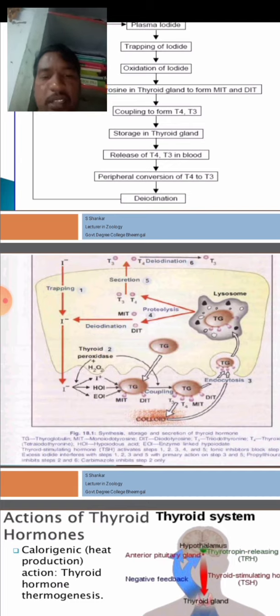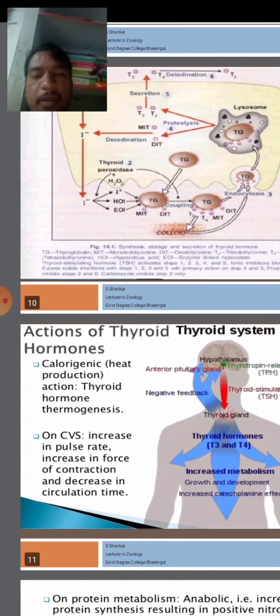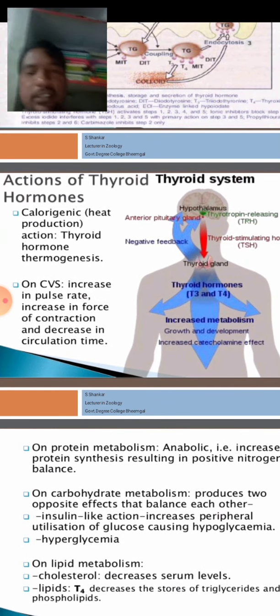Through endocytosis, the thyroglobulin attaches to the lysosome, releasing by proteolysis the secretion of triiodothyronine and tetraiodothyronine. After that comes deiodination. Action of the thyroid system.